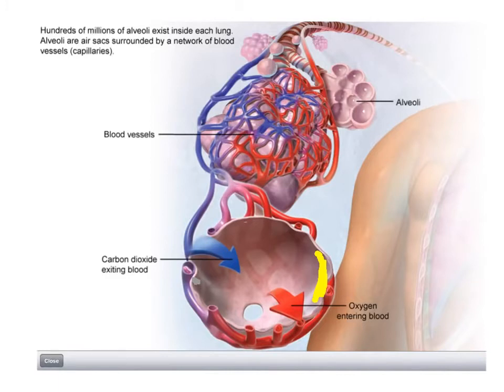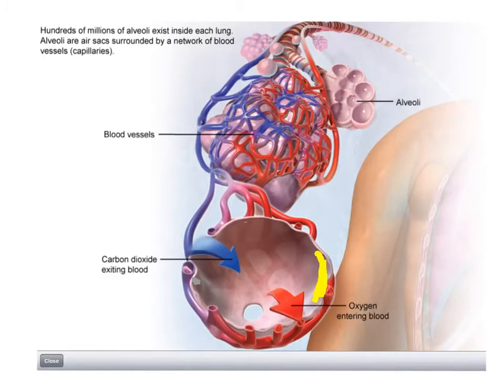So as we breathe in air, that air should be very rich in oxygen compared to the amount of oxygen in the bloodstream in the lungs. And so oxygen will tend to diffuse out of the air sac and into the blood. And carbon dioxide, in reverse, is in a very high concentration in the bloodstream. It's been brought back from the cells.